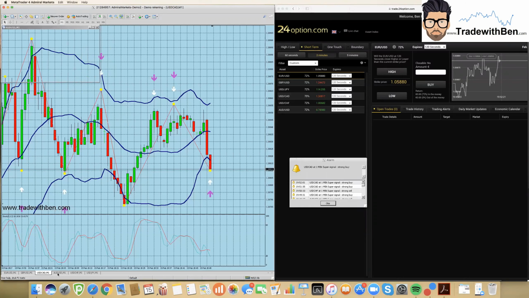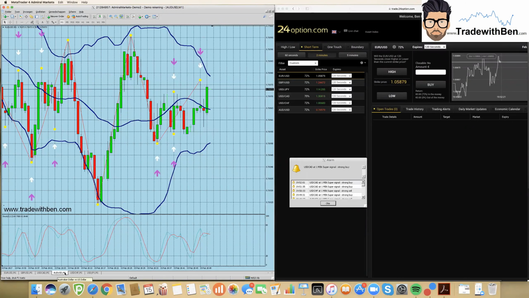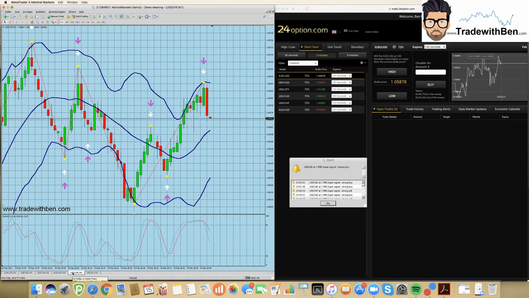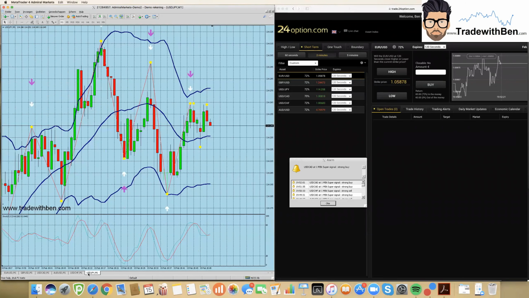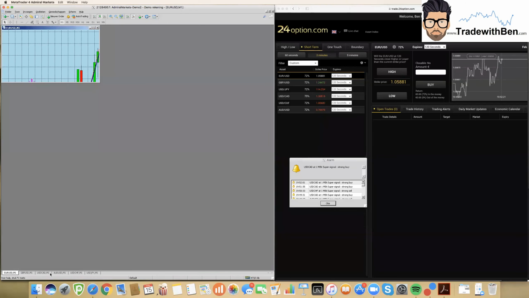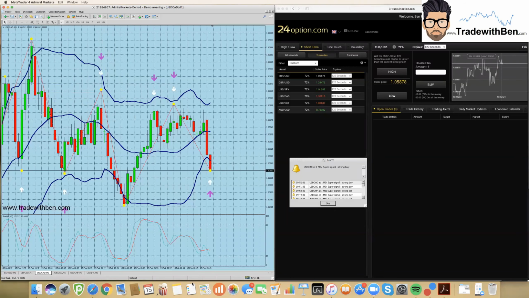No, not at all. Let's go further. Many setups popping up. Sometimes you just have to focus on a chart to see if any possibilities come up. And if not, look at this, yellow dots, no arrows. This is not good. Stochastic is not good. Let's just continue to see what's going to happen.